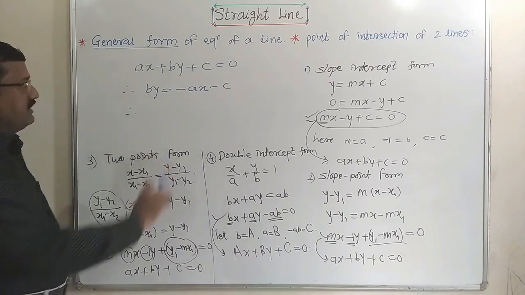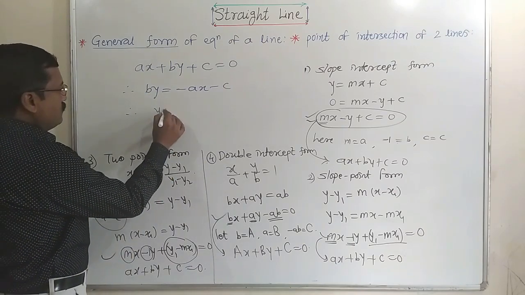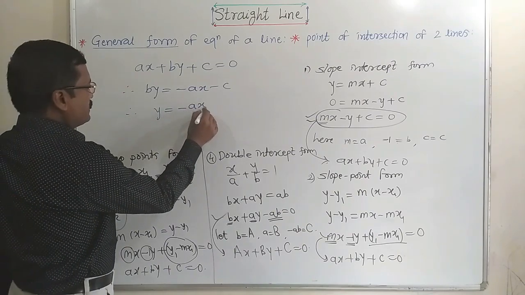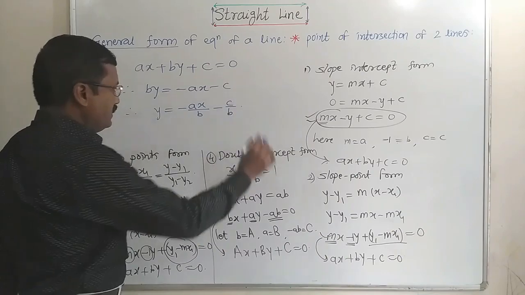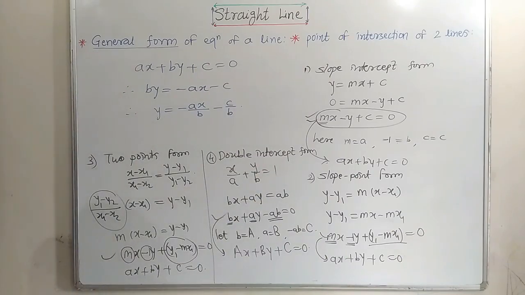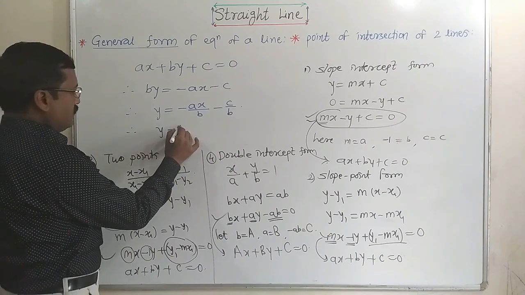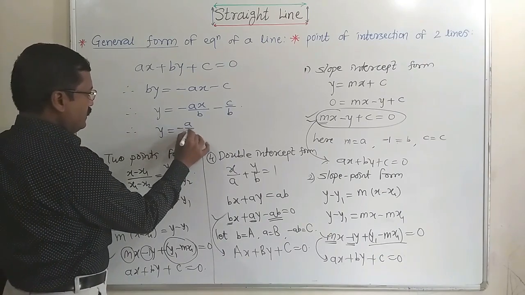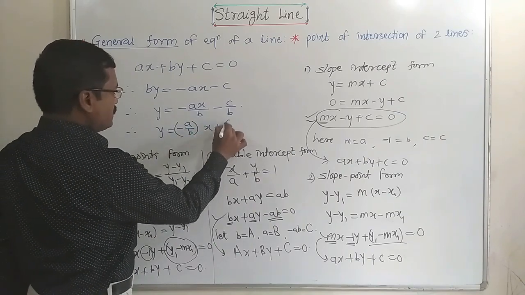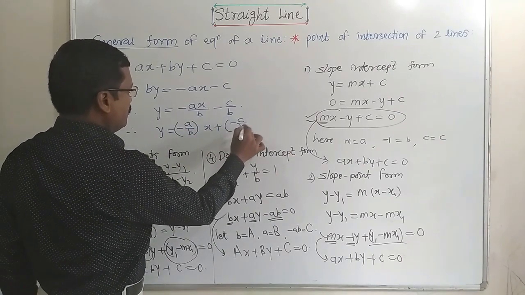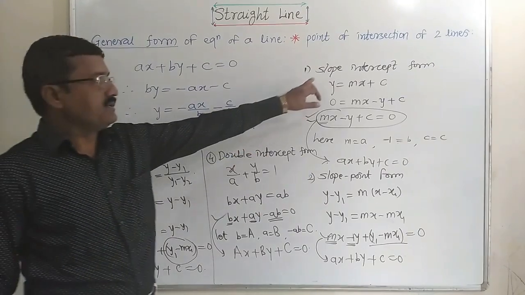Now divide each term by B, we get y equal to minus Ax upon B and minus C upon B. Therefore, y equal to minus of A upon B into x plus, in bracket, minus C upon B. Can we compare this equation with the slope intercept form?